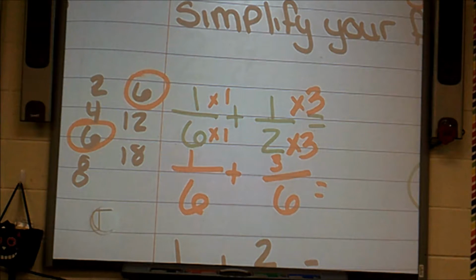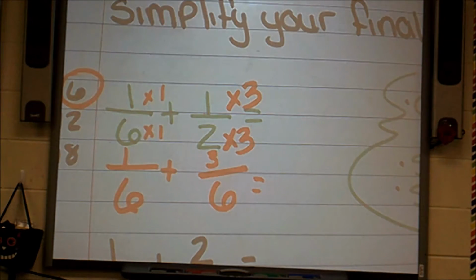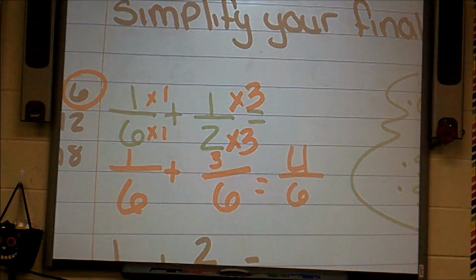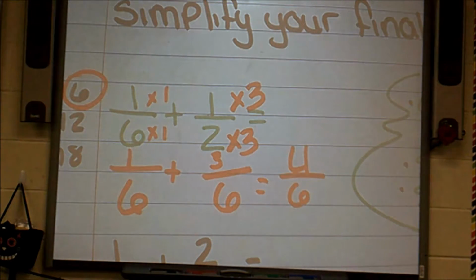So 1 plus 3 is 4, and I keep my denominator the same. Now I look at this fraction, 4/6, and I'm thinking that there's probably a number that I can divide both 4 and 6 by evenly, and that would be simplifying my fraction.